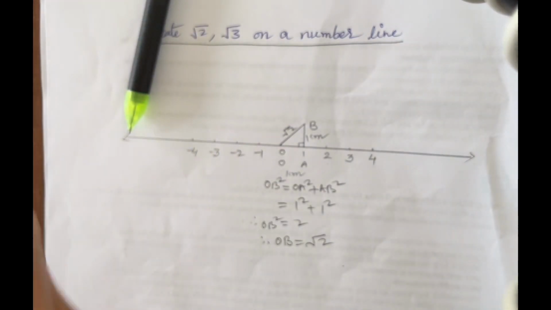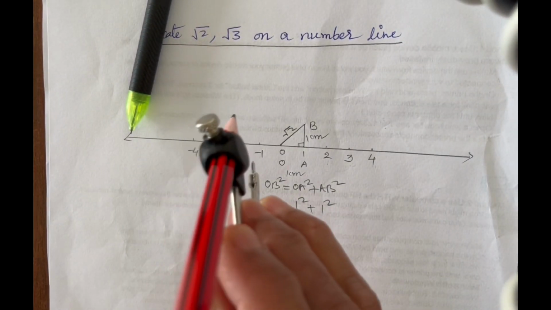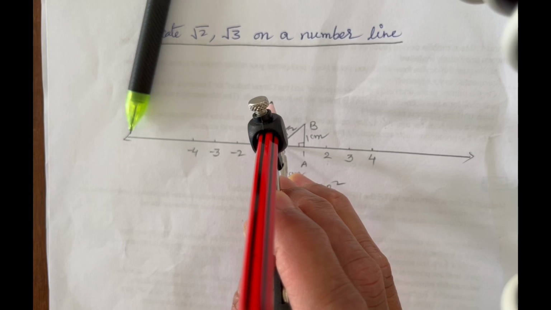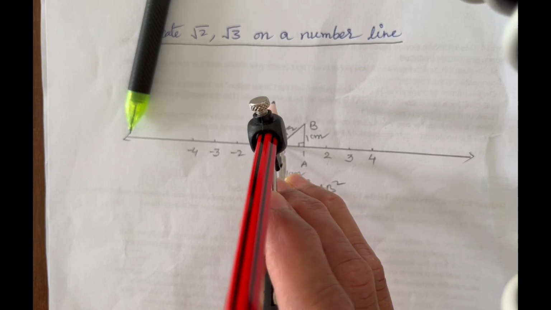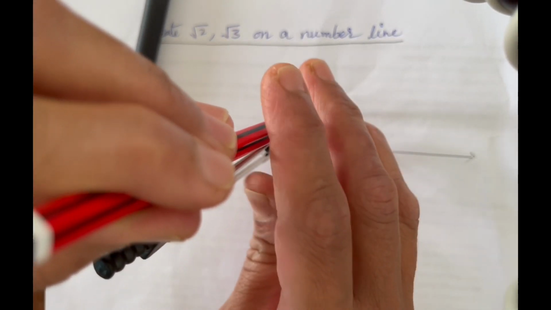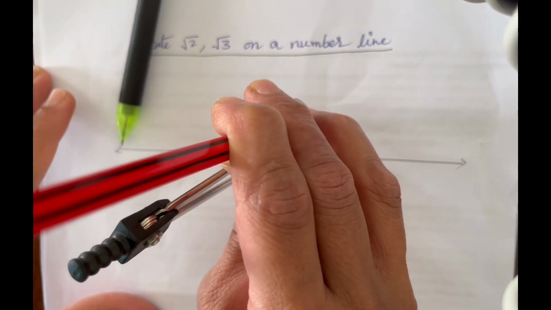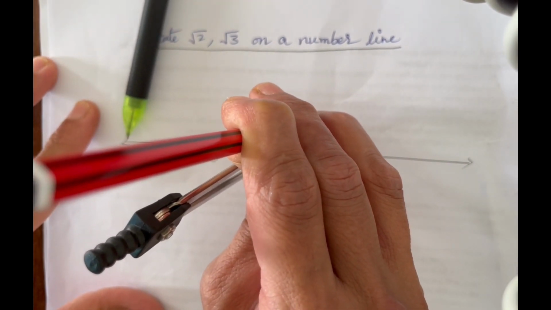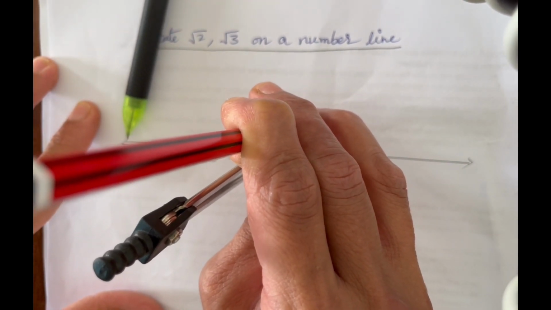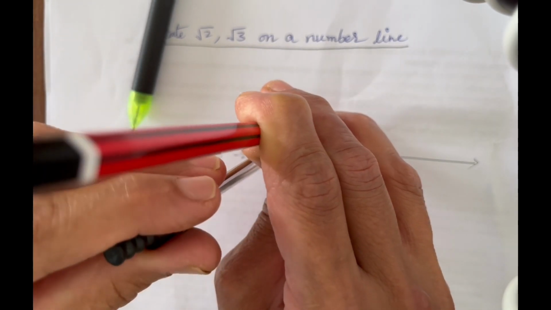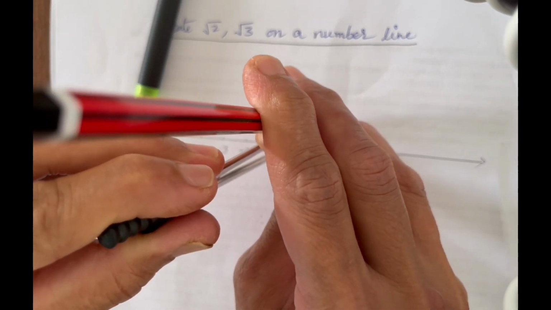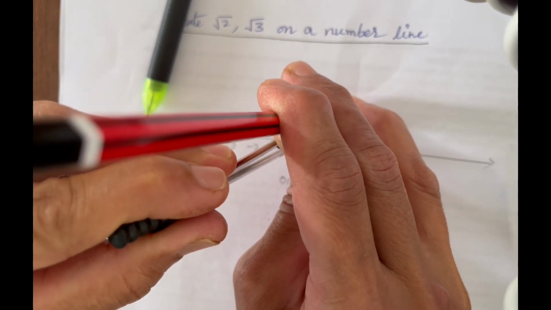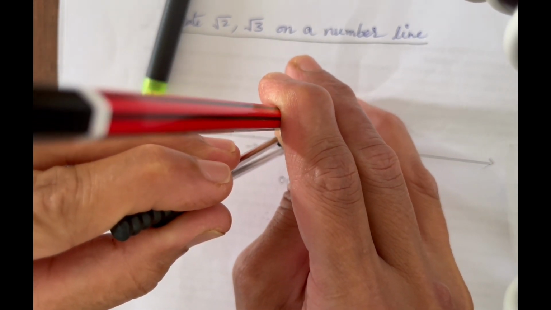Now what I will do is, I'll place the pointer of the compass at O and stretch the pencil till B. That means I am taking OB as a radius and O is my center. Okay.